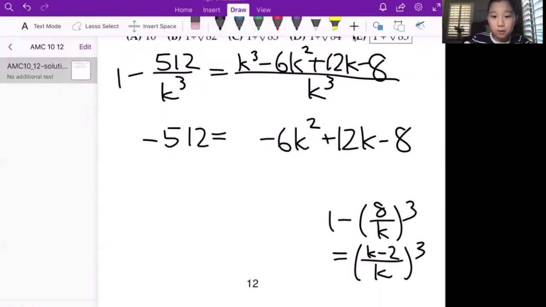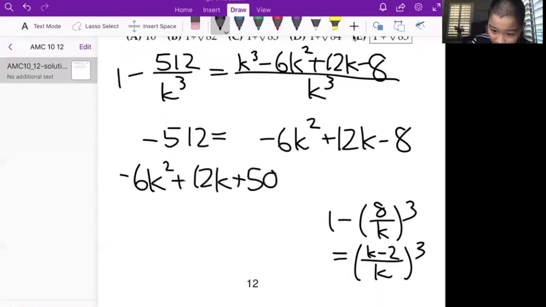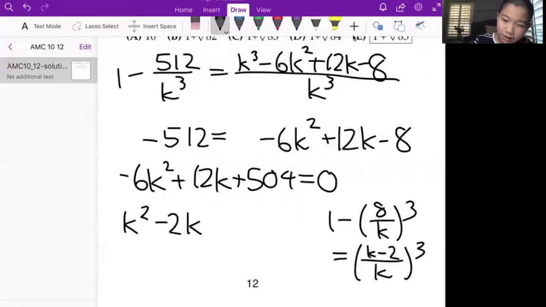So you're left with a quadratic equation, negative 6k squared plus 12k, and then plus 504 equals 0. So let's divide this equation by negative 6. So you get k squared minus 2k, and then 504 divided by negative 6 is negative 84. So that's equal to 0.